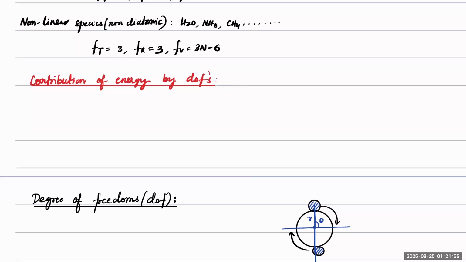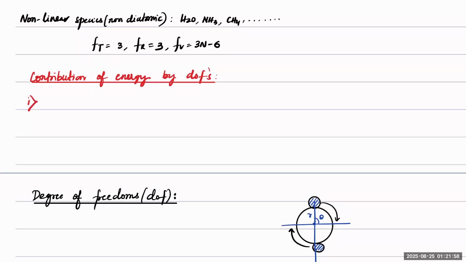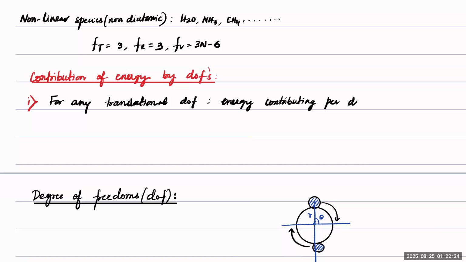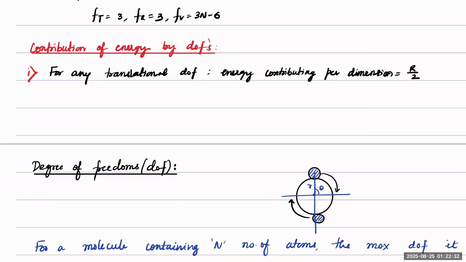So first, for any translational degree of freedom, energy contributing per dimension, for one dimension, will be equal to R by 2. This much amount of energy is contributed.